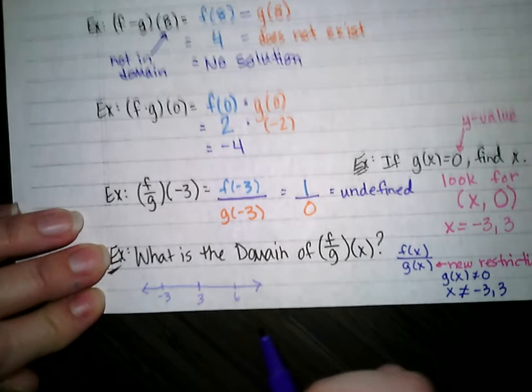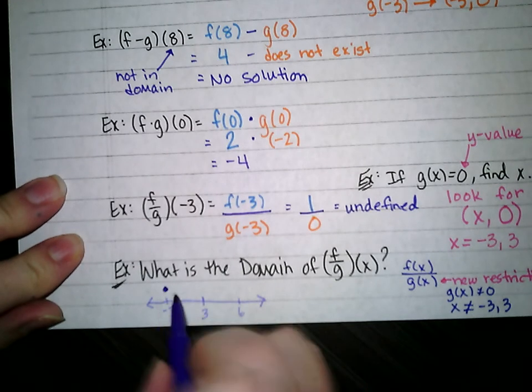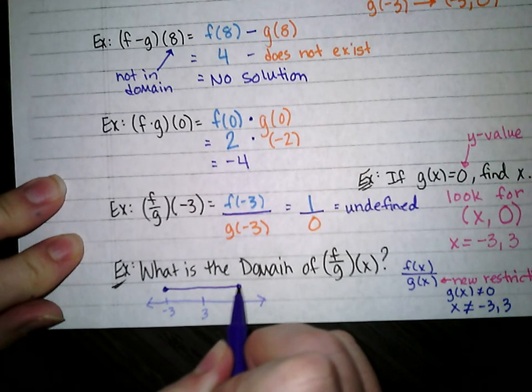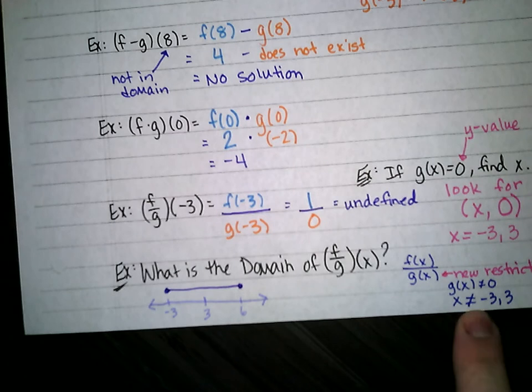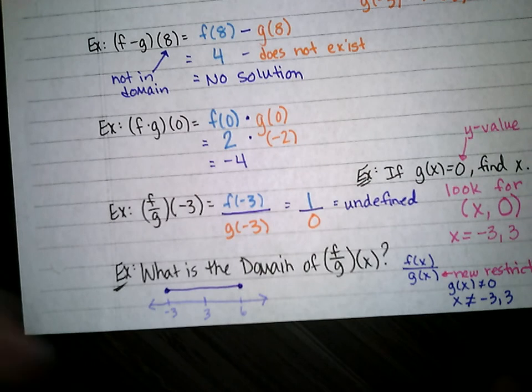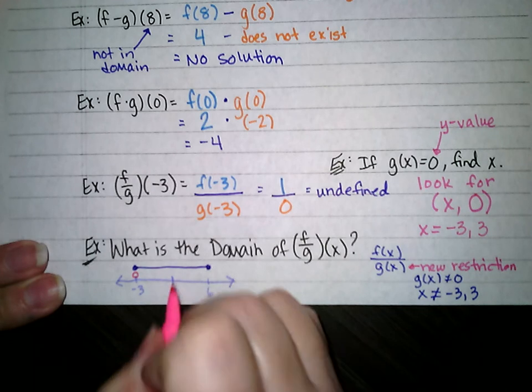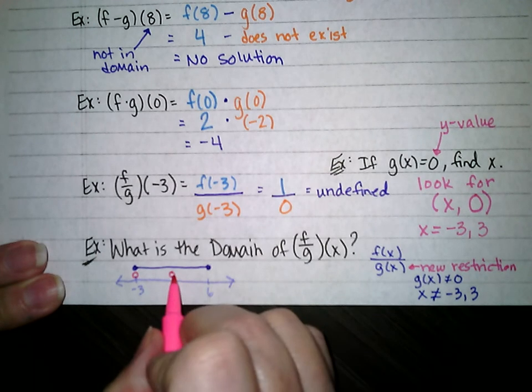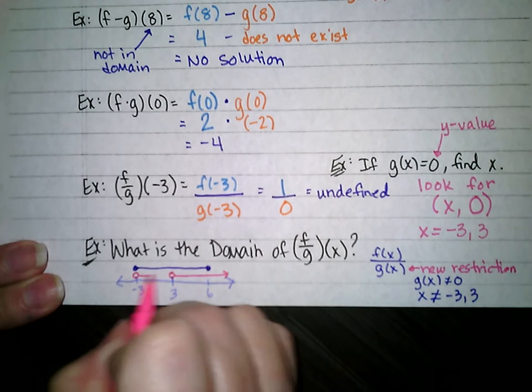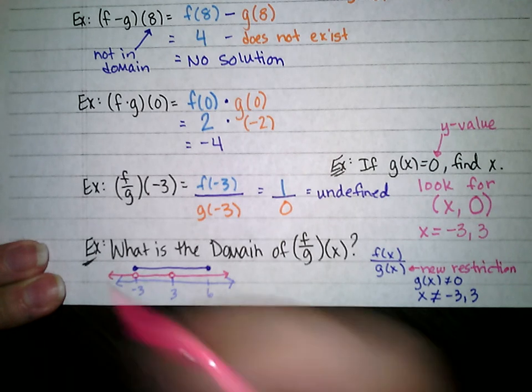With my combined function, we had negative 3 to 6, including both. So here was my combined function. And now, with my new restrictions, it's telling me x cannot equal negative 3, x cannot equal 3.